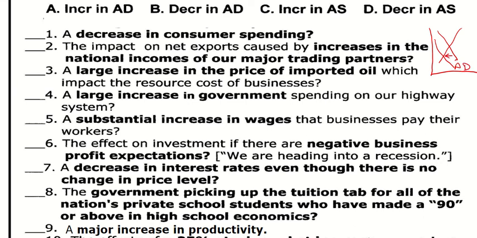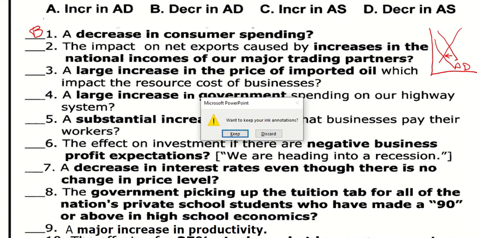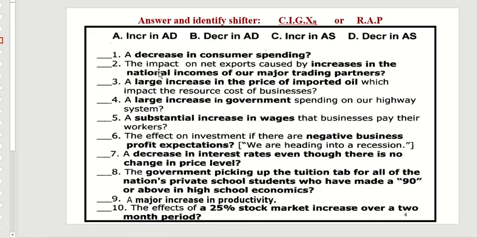And so we're going to get aggregate demand decrease. We know that the first one is going to be B. Okay, so that's what I want you to do for each one of these. Go ahead and pause the video, figure out would aggregate demand increase or decrease, would aggregate supply increase or decrease. Go ahead and pause the video and work through those next 9.